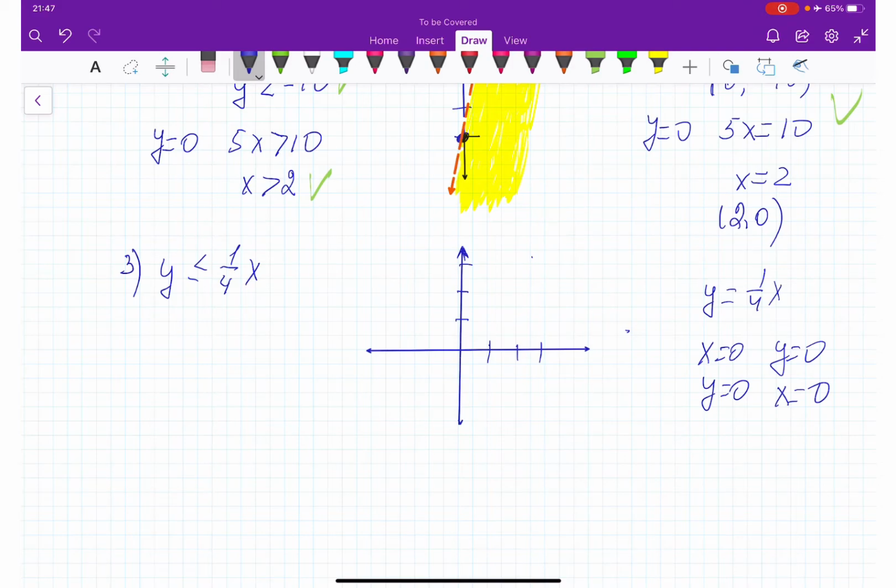Otherwise, you won't get a product of 0. So we're ending up with 0, 0. In that case, we have to take some value of x, which I am taking, let's say, 4. Why? Because it's 1/4. I multiply, get rid of the fraction.